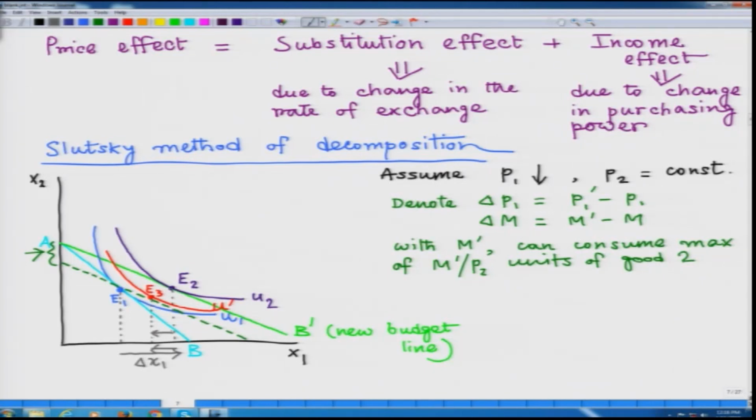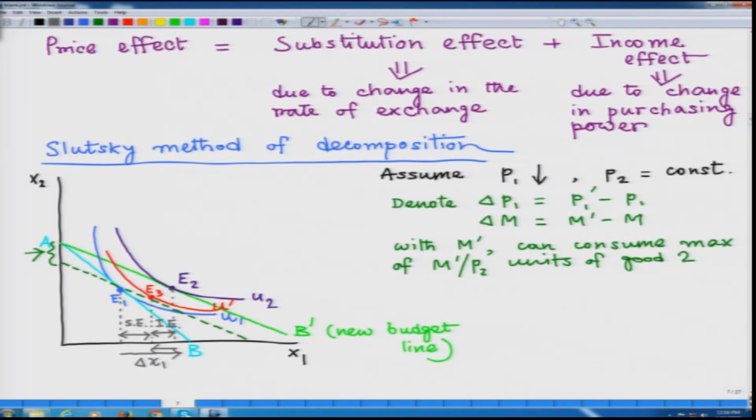This magnitude is basically the income effect, because here the consumer faces the same relative price ratio as in the changed condition, and the difference which remains is the substitution effect, because here the relative price ratio is different. So, the exchange rate is different. Let me write down: this is the magnitude of the substitution effect, and this is the magnitude of the income effect.